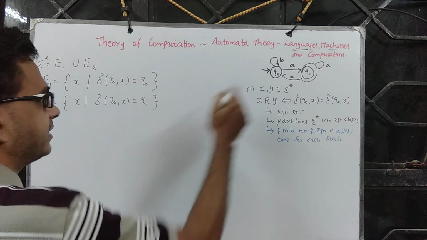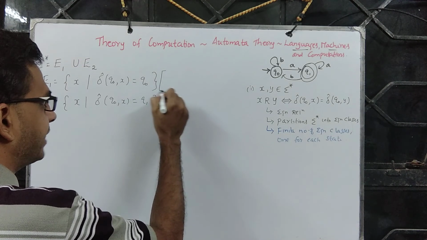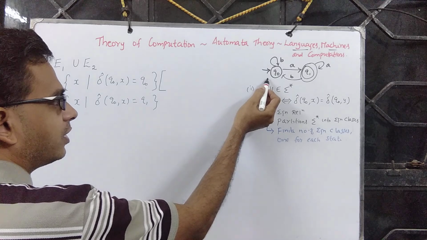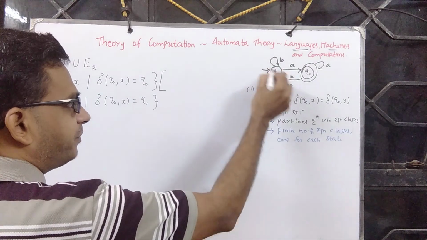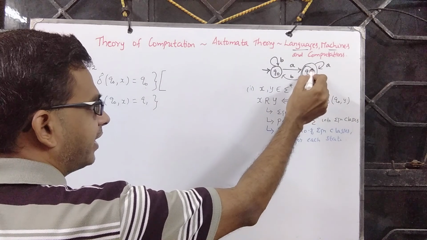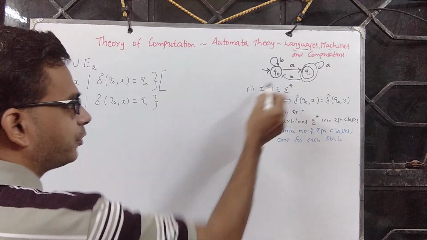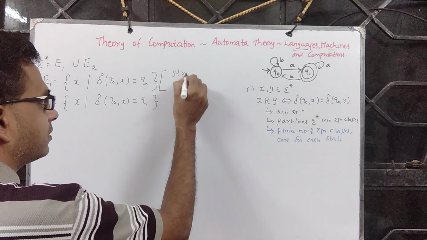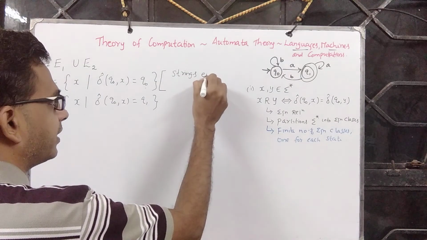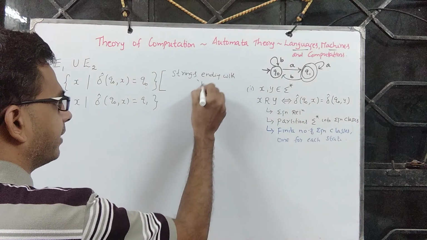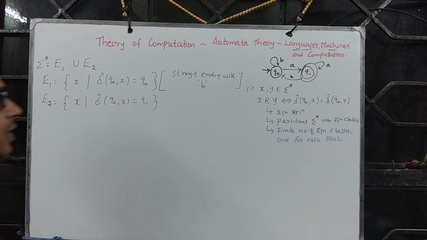And for this example, one can also describe that if it ends in q0, it can read any number of b's, or maybe reading b followed by a couple of a's, then it can come back to q0 using this b, which means it is all those strings ending with b. Correct?